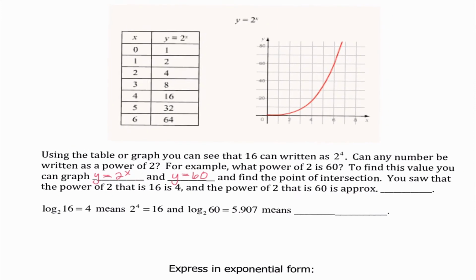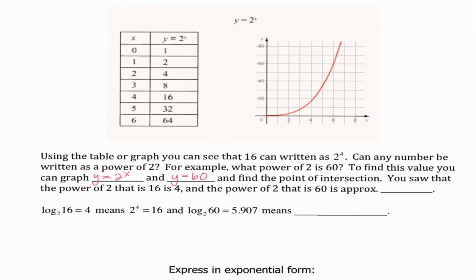What we would see is that the power of 2 that is 16 is 4, and the power of 2 that is 60 is approximately 5.907. In your calculator, if you did 2 to the 5.907 power, we would not get 60 exactly because this is a rounded value, but we would see it gets pretty close.